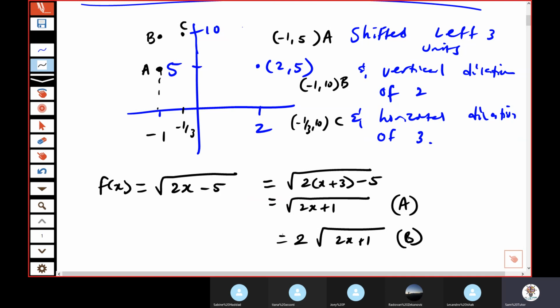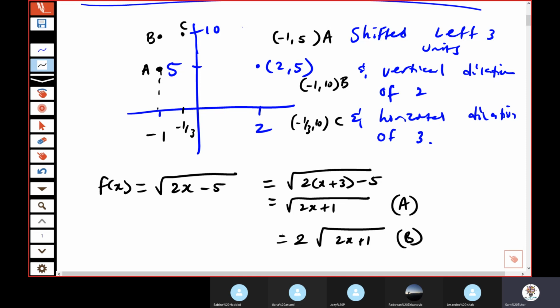Last one. Then there's a horizontal dilation of 3. What does that do? You're going to replace your x for what in a horizontal dilation of 3? A third. Is it just a third?